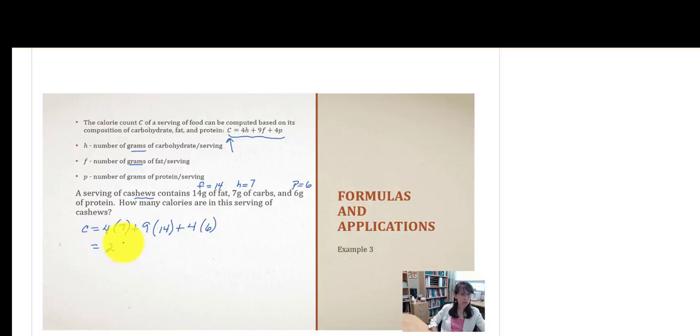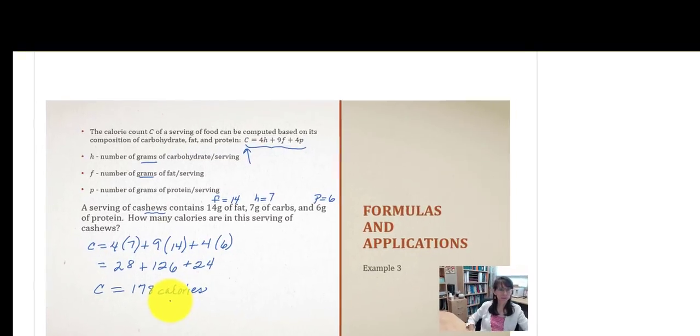So we end up with 28 added to, how much? 36, 126, add 24. So the calories would be 28 plus 126 plus 24, and that's about 178 calories for that serving of cashews.